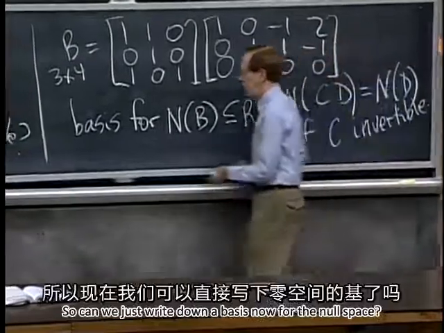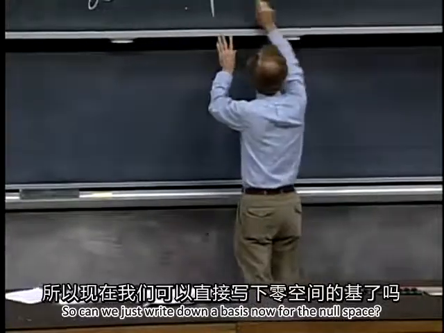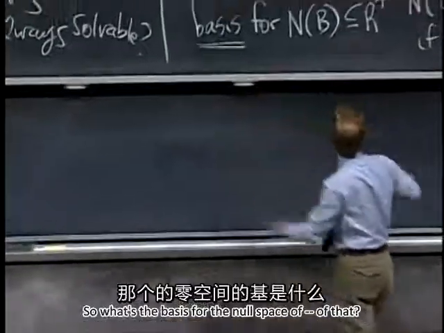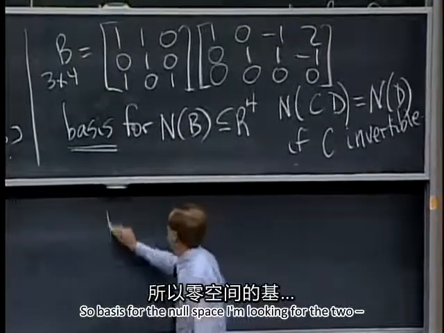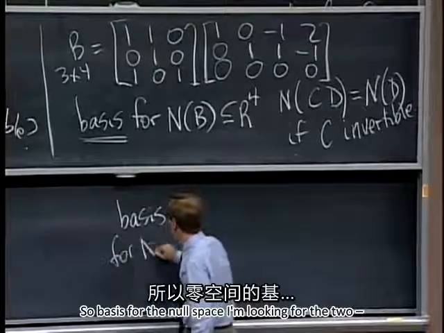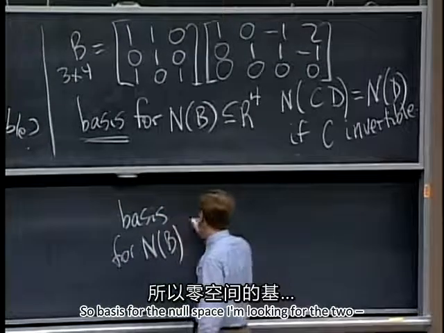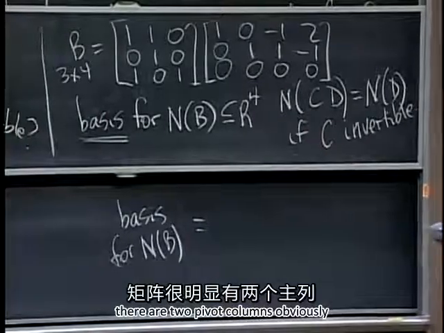Okay, so can we just write down a basis now for the null space? So what's the basis for the null space of that? I'm looking for the two. There are two pivot columns, obviously.